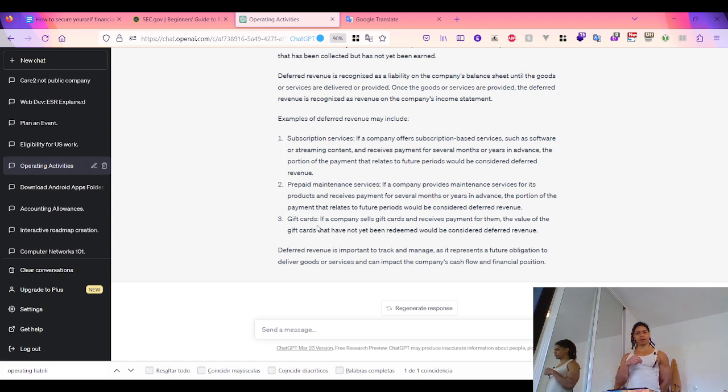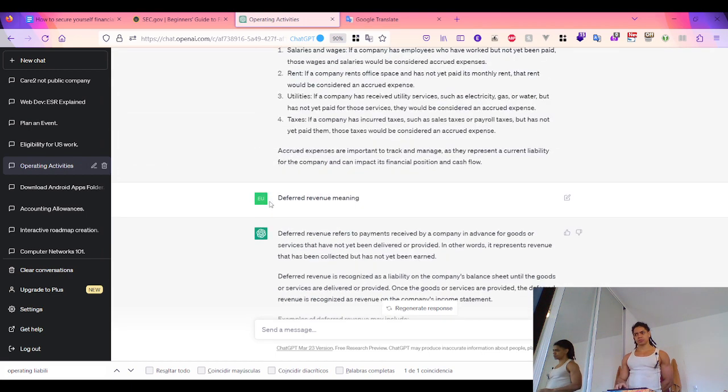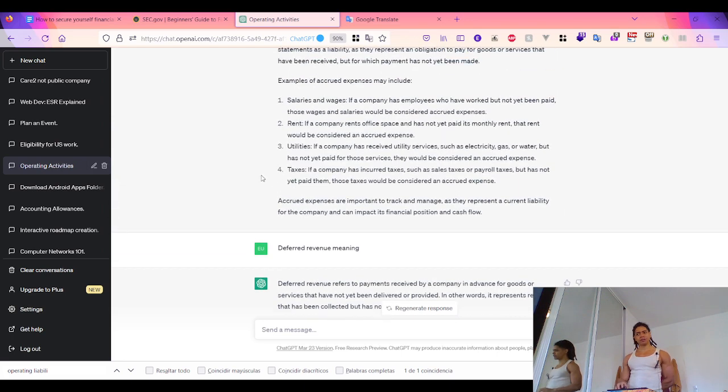So if I see myself as a company, accrued expenses are obligations that I need to pay for goods and services that I received, such as wages and salary, rent, utilities, and taxes.